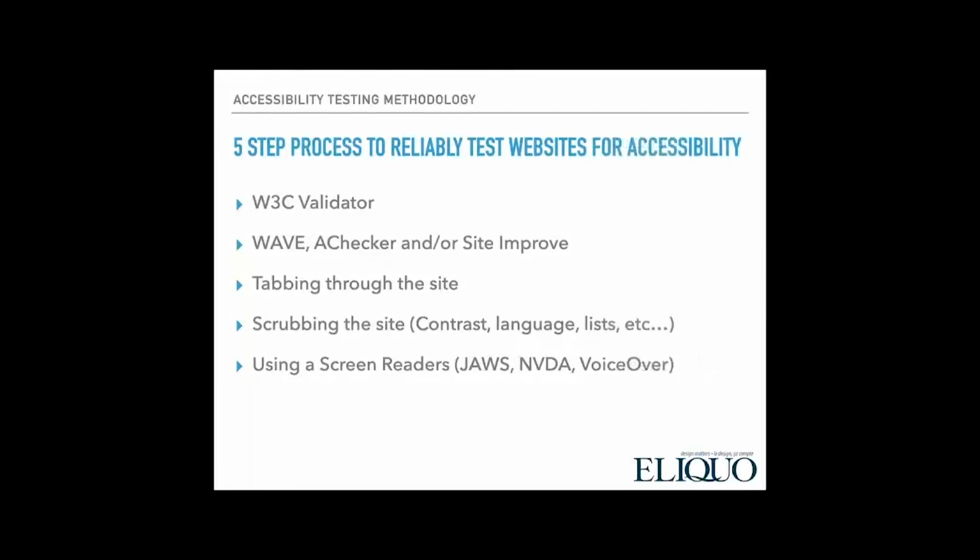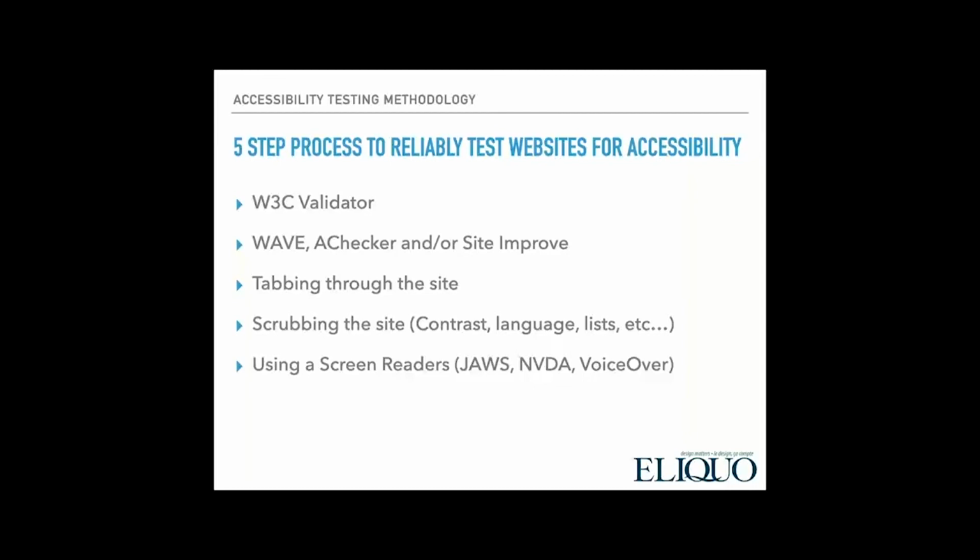Now, personally, I have a 5-step process to test for accessibility. It's a 5-step process to see if the website is compliant or not with the WCAG guidelines. The first thing I do is run the website that I'm doing the audit on through the W3C validator to see if the HTML code is valid.